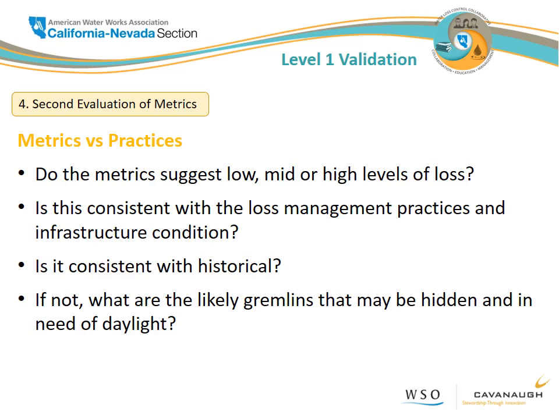Well, the great thing about the compiler, if you have multiple years of the AWWA free water audit software filled out and populated for your utility, you can simply put those in a common folder, use the compiler to click a button and bring them in, and select any one of those metrics and chart it and see what the last few years look like. And if this year is drastically different or out of trend with history, then that may be a suggestion that something is amiss that needs to be further investigated.